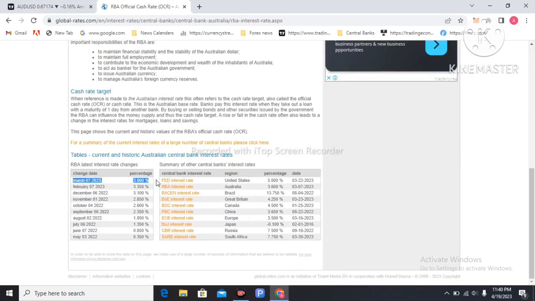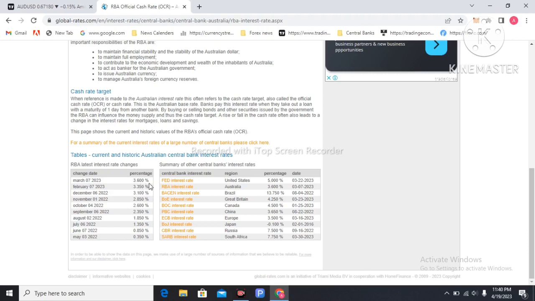The last interest rate decision was released last week. The RBA held the interest rate at 3.6. They are neutral, with no rate hike in the last decision. So the RBA, the Reserve Bank of Australia, held the interest rate at 3.6.